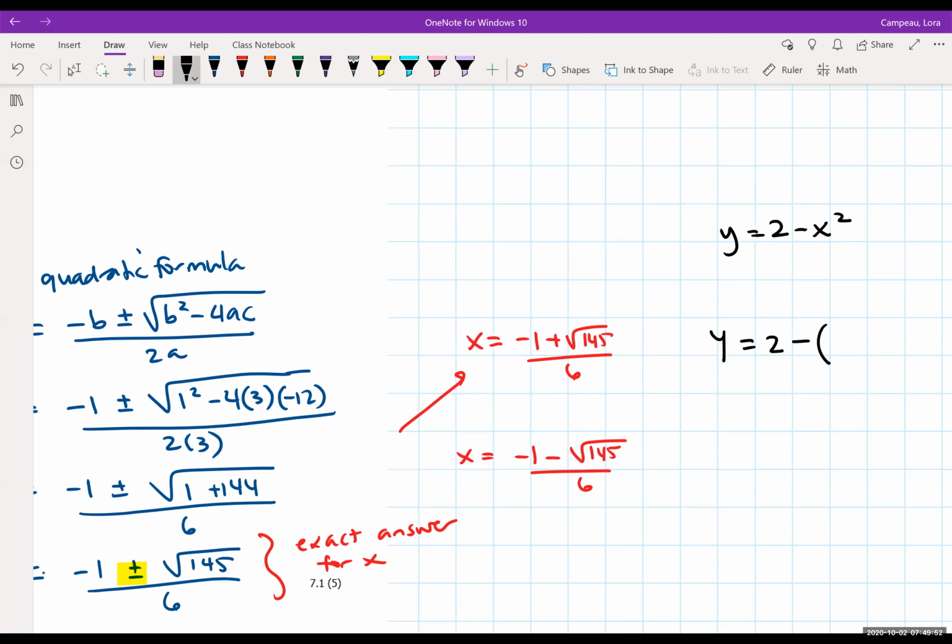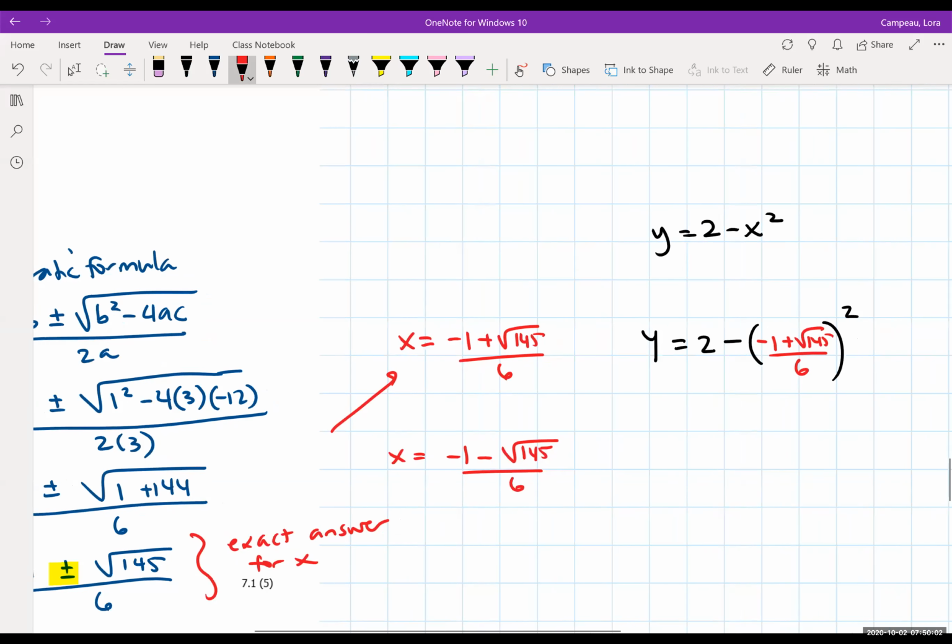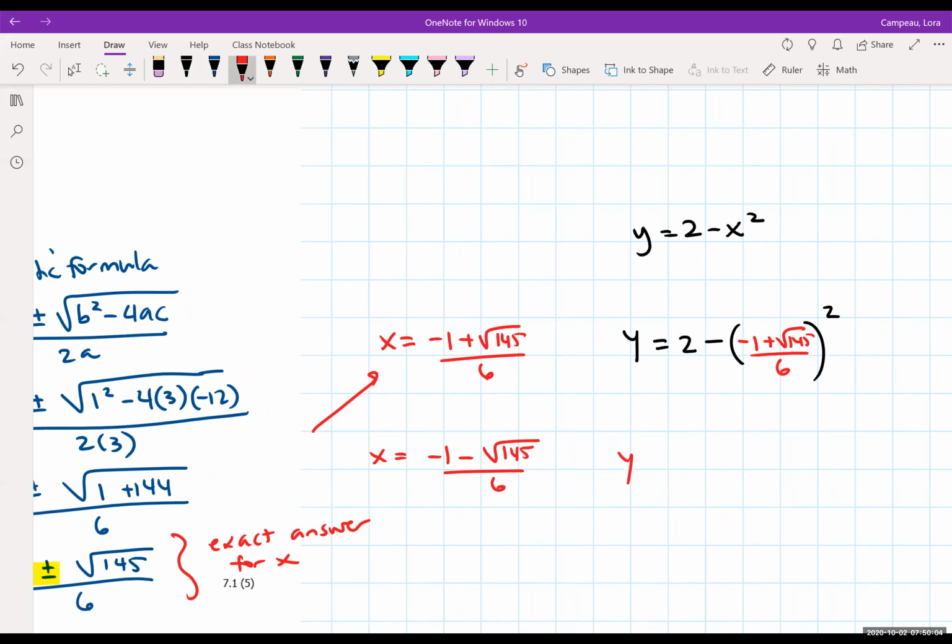So we have 2 minus all the x values squared, negative 1 plus the square root of 145 all over 6. The other one, y is equal to 2 minus, again, it's the x squared, and this is the corresponding x we would take. Negative 1 minus the square root of 145 all over 6.